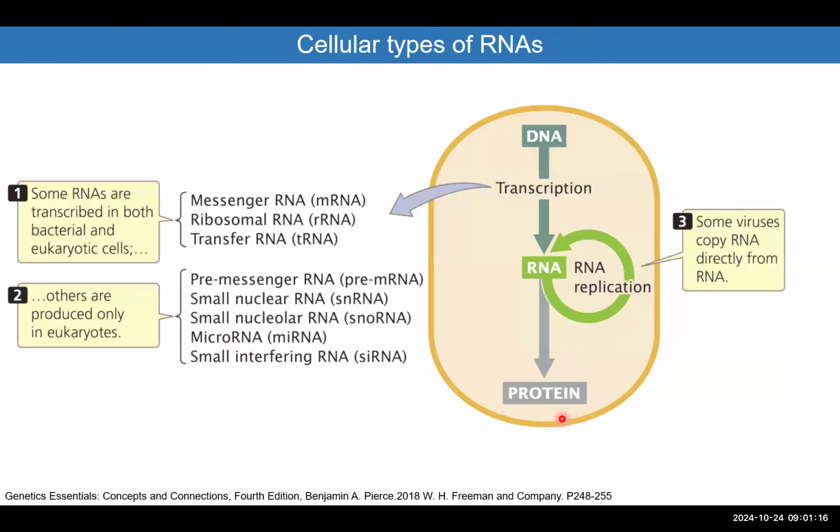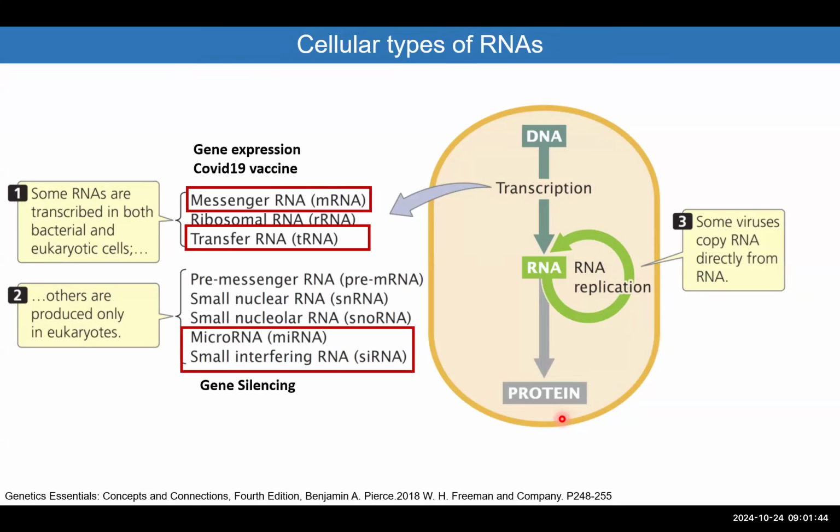Before going to the process of translation, I just want to mention that there is more than one class of RNA in cells, based on which cell type you are studying. Prokaryotes versus eukaryotes, like bacteria and yeast, bacteria versus human, have different classes of RNAs that are expressed or not.